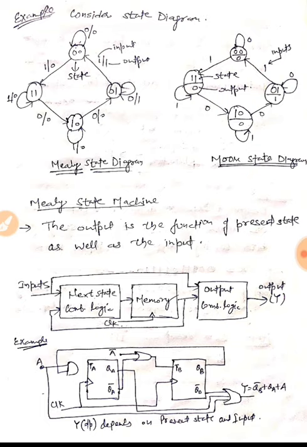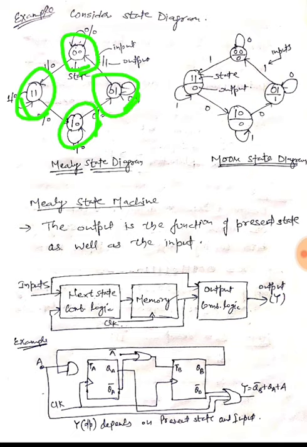Now let's see the state diagrams for Mealy and Moore. So what we have in a state diagram, we have a certain number of states. Like in this example we have 4 states, that is 00, 01, 10 and 11. These are the states.